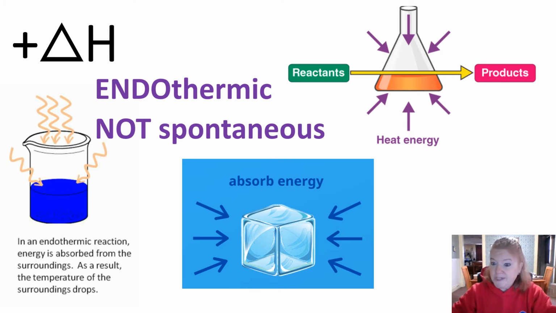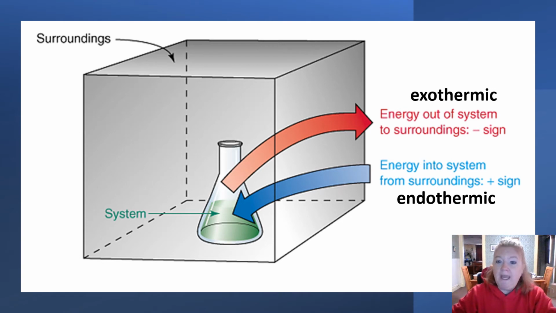We have to add energy in to make it happen. So if energy is leaving, it is exothermic, being released, and it is a negative sign. If energy is being added in, it is a positive sign, and it is endothermic. So we're talking about H, enthalpy, energy.